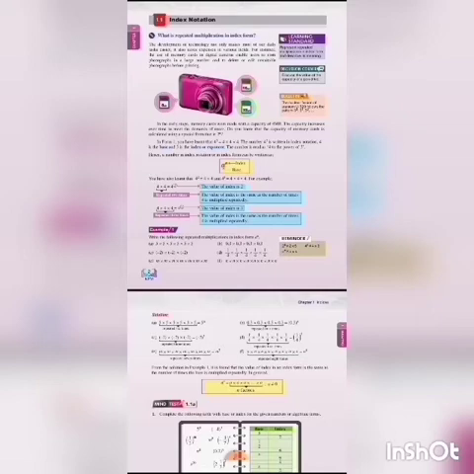The number is read as 4 to the power of 3. Hence, a number in index form can be written as a^n, where n is the index and a is the base.